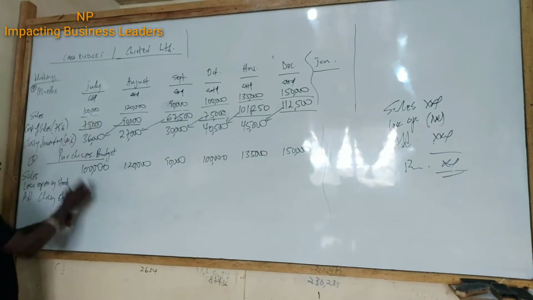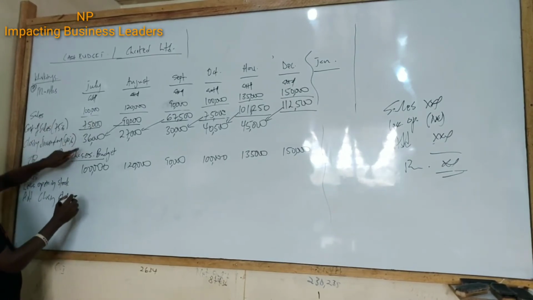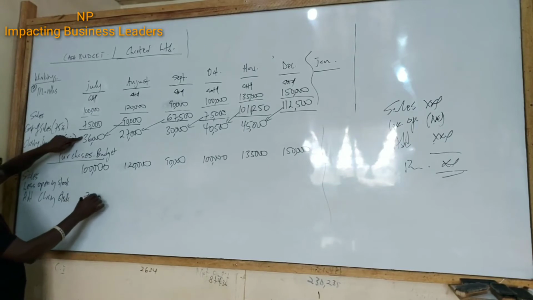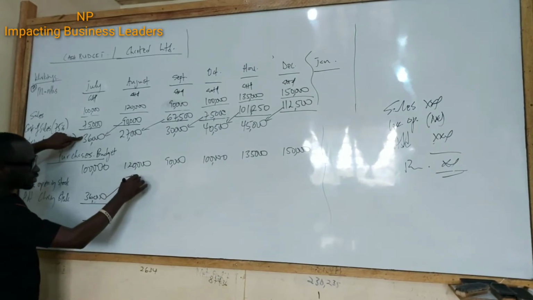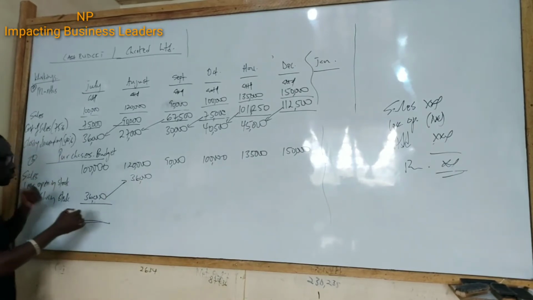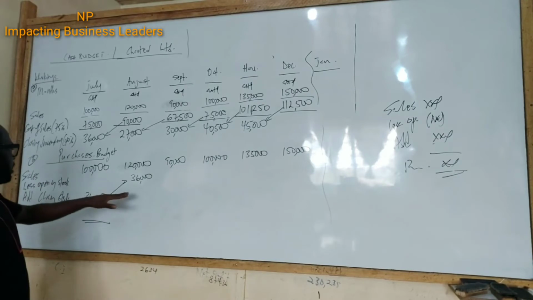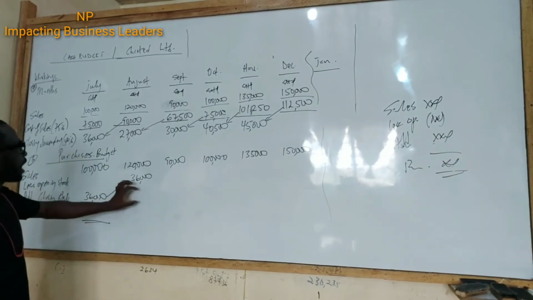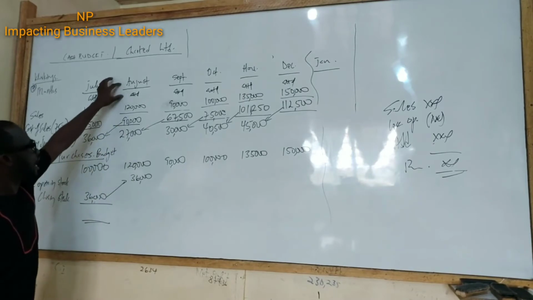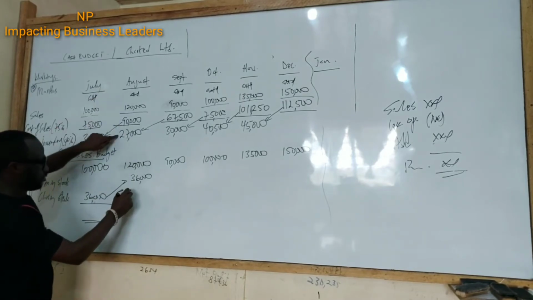Closing stock for July is, how much do we have there? 36,000. So follow me carefully. That becomes opening here, 36,000. Then we add it up, and then we get a closing stock for August. How much is that? 27,000.